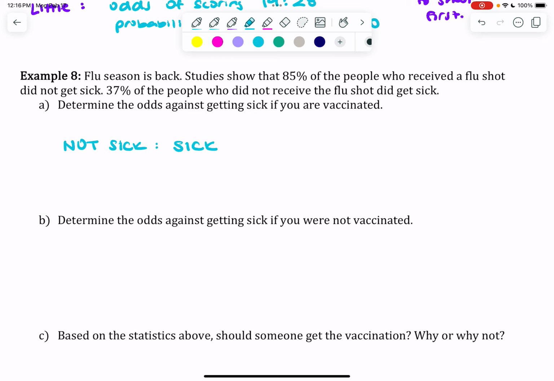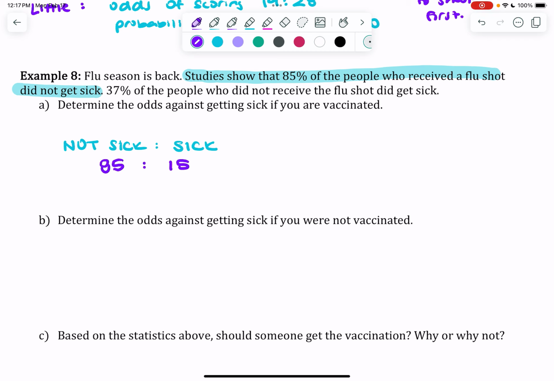So I need to look at the question and find the data point that talks about people who received the flu shot, which is the 85% value. The 85 represents people who took the flu shot but did not get sick. So that 85 goes with the not sick part of my ratio, which means sick is the remainder. So if 85 out of 100, the remaining is 15.